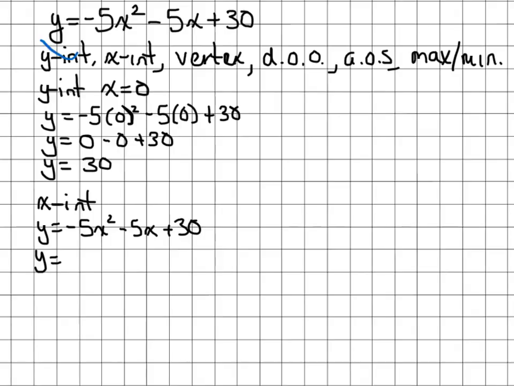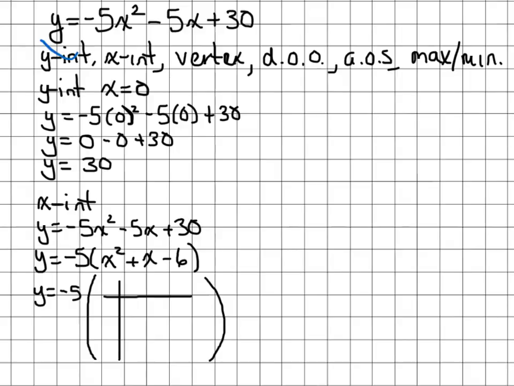So this gives me minus 5 times x squared plus x minus 6. Now I'm going to factor what's in the brackets. I have minus 5, and I have my set of brackets here.